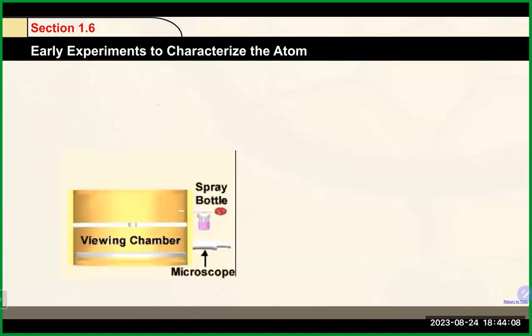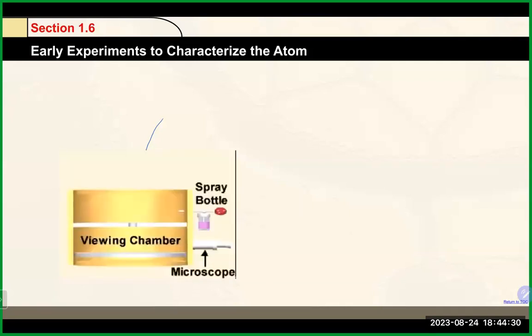As the oil droplets would fall, they would gain a charge. And he was able to use the electrical field in this chamber and adjust it in such a way that it was able to suspend the oil droplet there because of the charge.